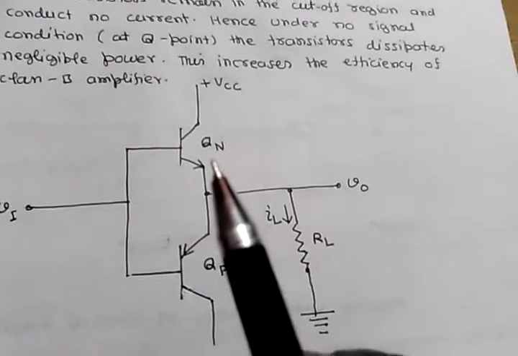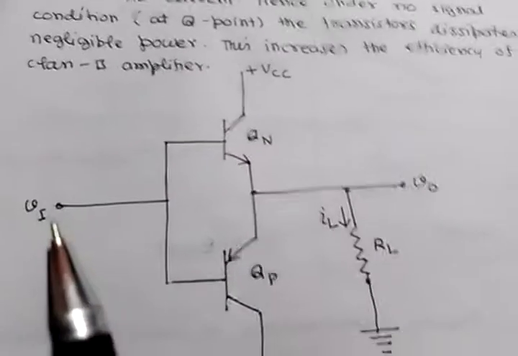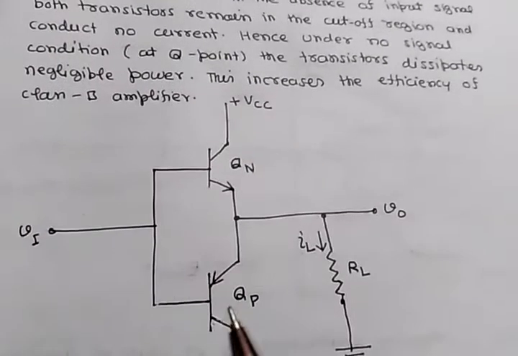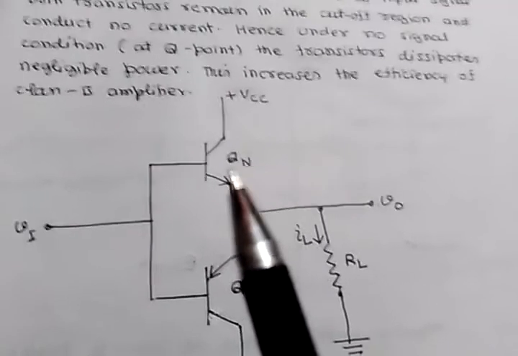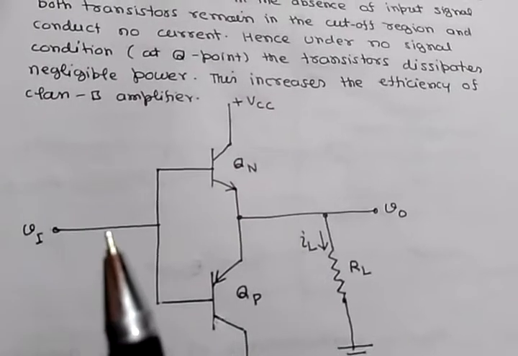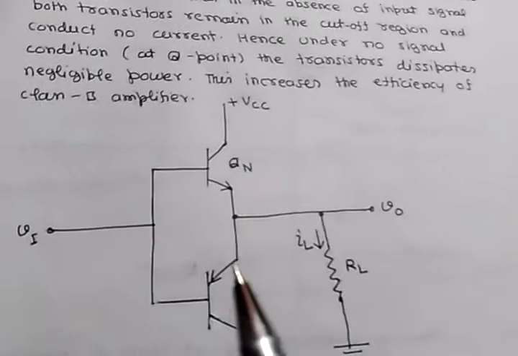Both the transistors are biased in such a way that in the absence of input signal, both the transistors will work in cutoff region, and when input signal is present, then one of the two transistors will conduct.